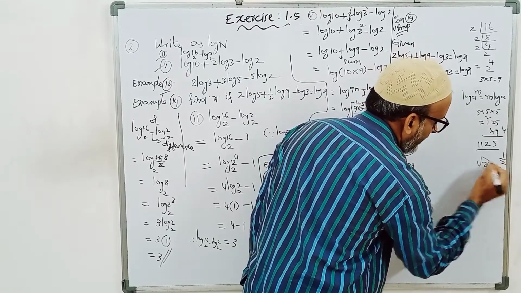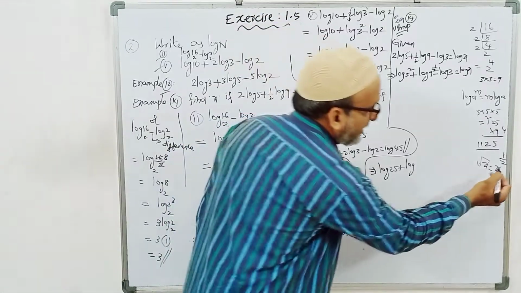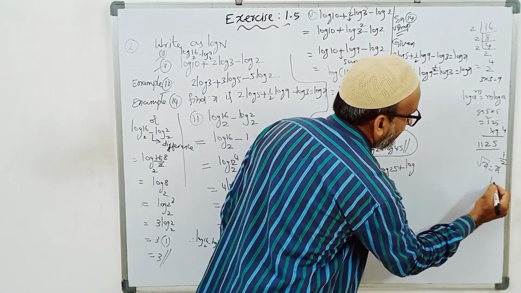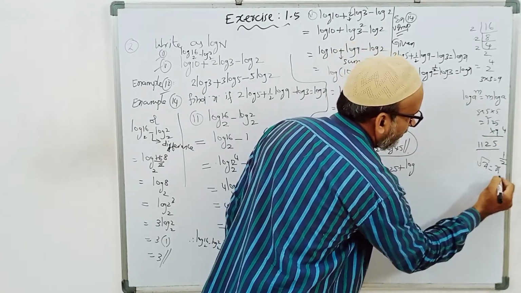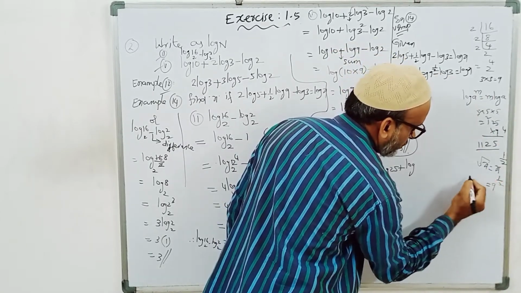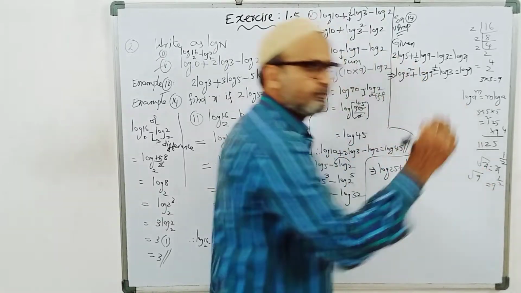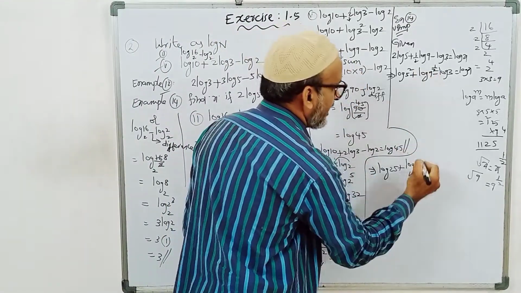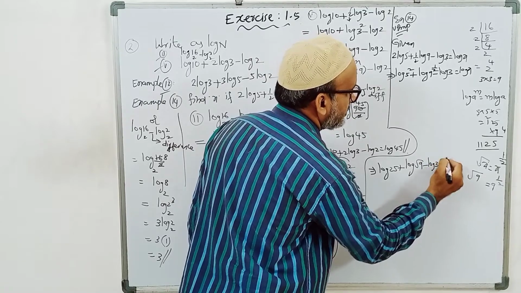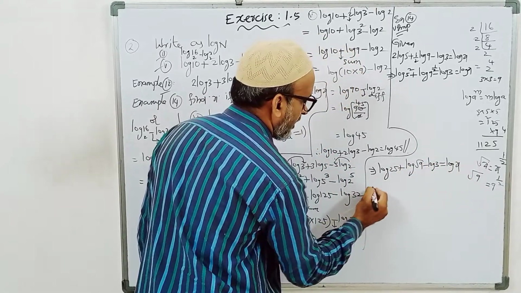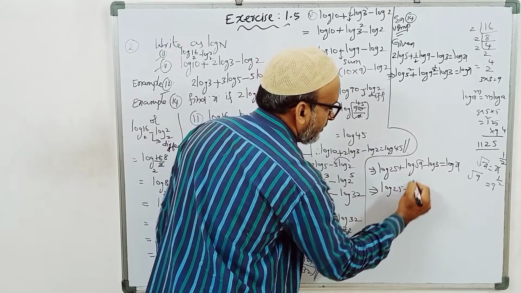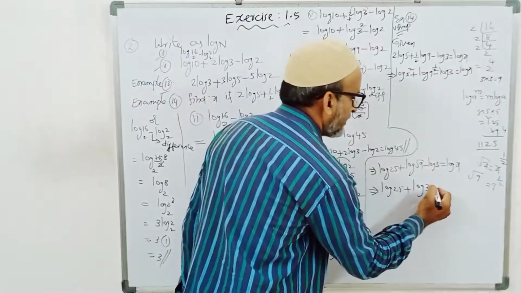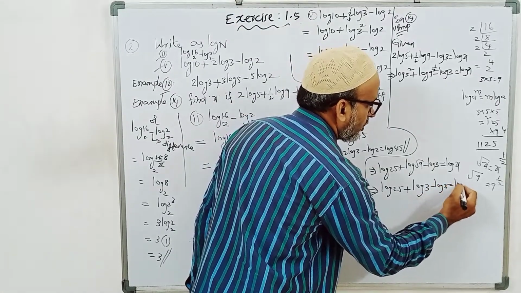So it is logarithm of 25 plus logarithm of square root of 9, which is 3, minus logarithm of 3, is equal to logarithm of x.